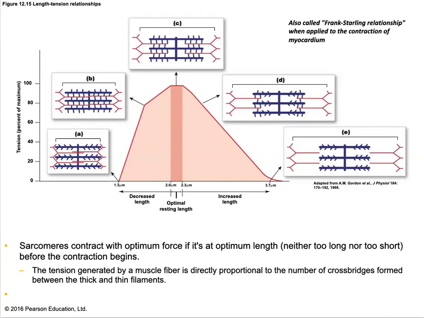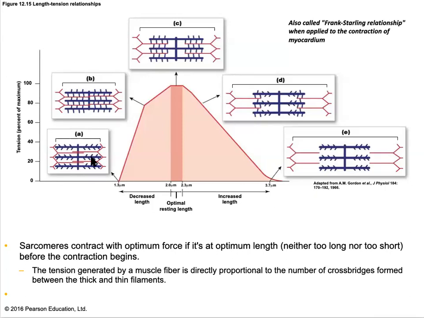Okay, and so if you look at this diagram, you'll see that there is a point at which there is the optimal or maximal amount of overlap between the actin and myosin filaments. When the sarcomere increases in length, you'll notice that gradually there begins to be a drop in the amount of overlap.